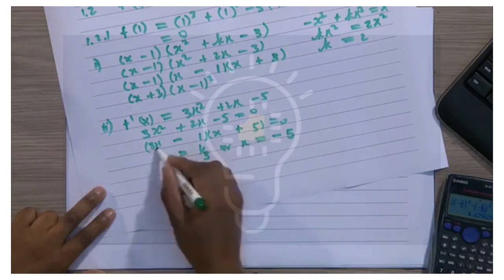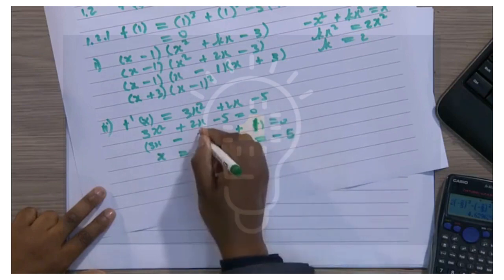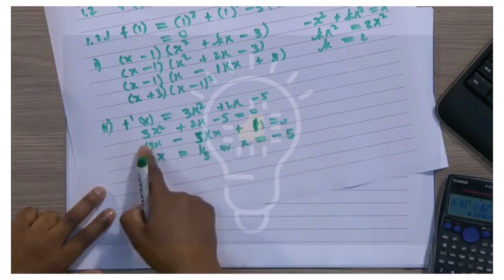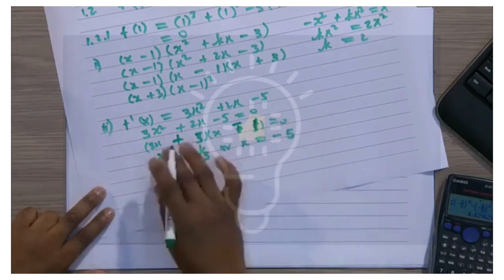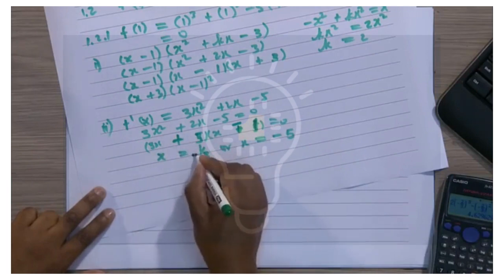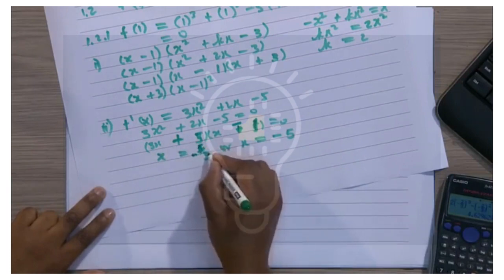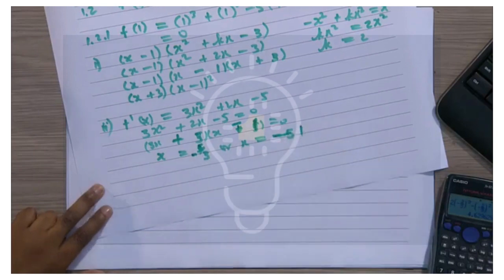This 5 shouldn't have been this side, so I suppose we have 1 this side and 5 that side, and then a plus this side and a minus there, because I can see that there's something that is not tallying. So that means here we're having minus 5 over 3, and then this side we're having x equals 1. Sorry for that, learners.